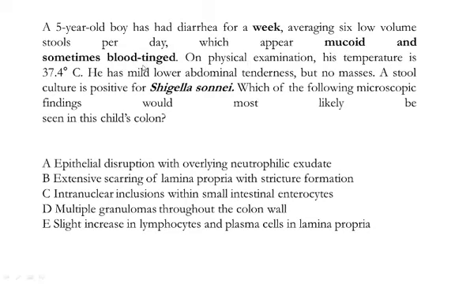Mucoid and sometimes blood tinged. Of course, mucus might be explained by inflammation in the mucous membrane, but how to explain this blood? What must happen in the intestine, in the colon?